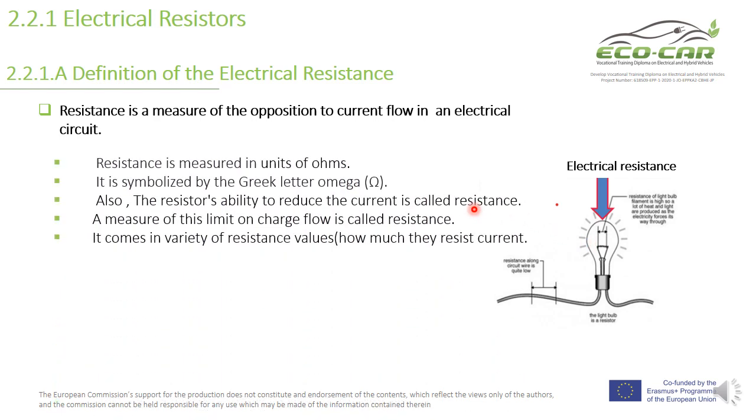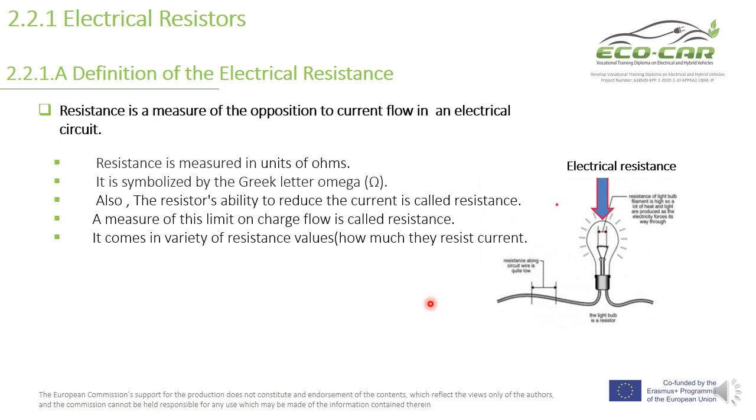This electrical resistance is measured in units of ohms, symbolized by the Greek letter omega. Also, the resistor's ability to reduce the current is called resistance.